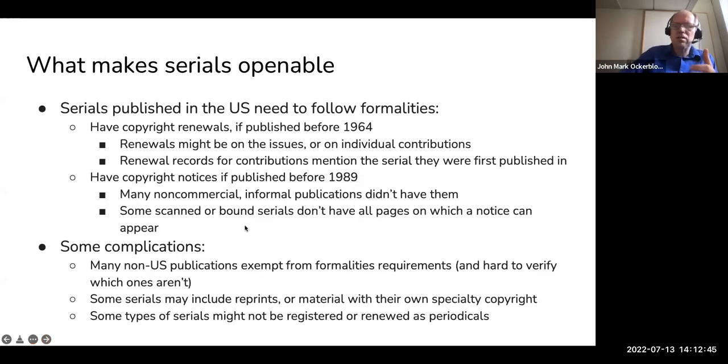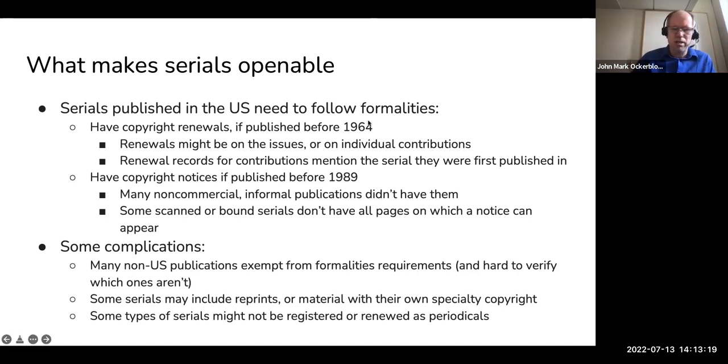So serials, just like books, can be open past 1926 or public domain past 1926 for various reasons. Like books published in the US, serials published in the US, if they were published before 1964, had to have a copyright renewal, usually filed 28 years after the initial copyright. One complication with serials is you can renew the copyright for the issue, or you might renew copyright on an individual contribution, an article or a story that appeared in that serial issue.